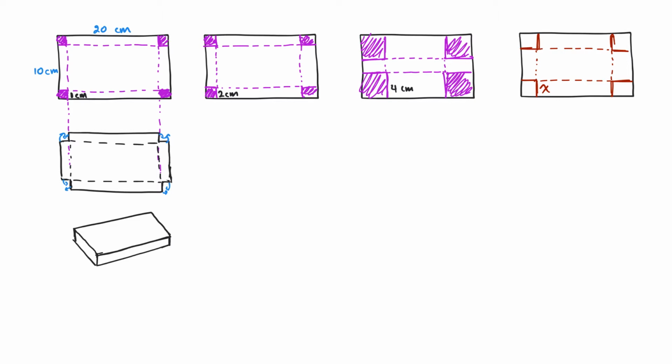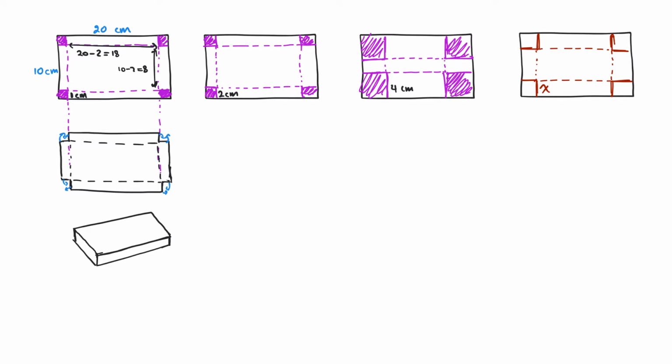In the very first part over here, this side is 20 centimeters, and you're cutting off 1 centimeter from each side, and that's becoming the length of your total box. So, I'm going to make some labels here. This length over here is 20 minus 2, because you're cutting off 2 one-centimeter cutouts, so it's going to be 18, and this side over here is 10 minus 2, or simply 8.